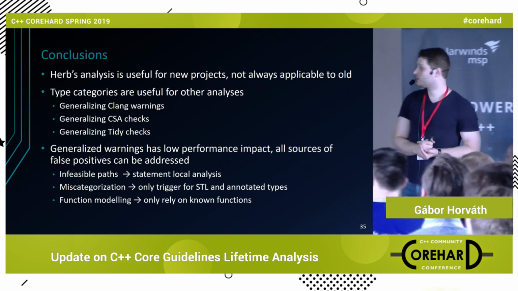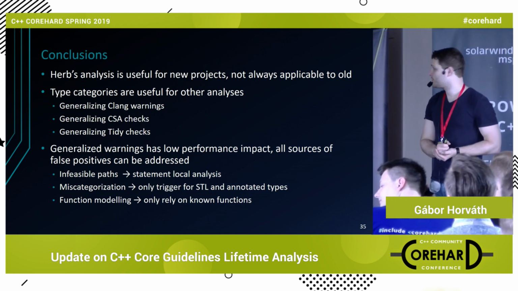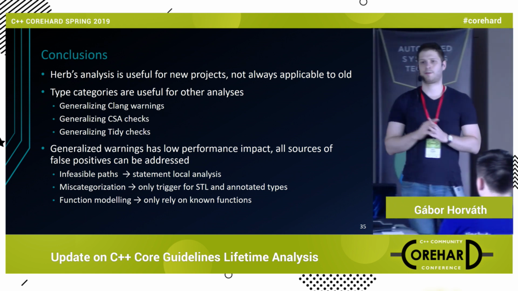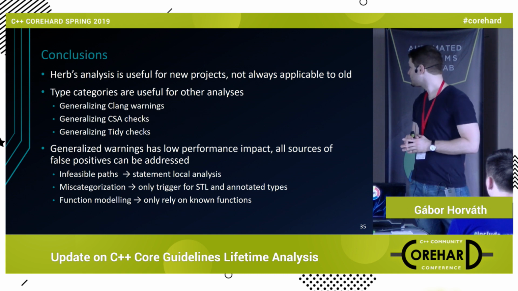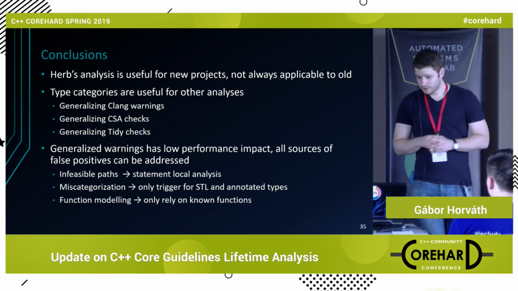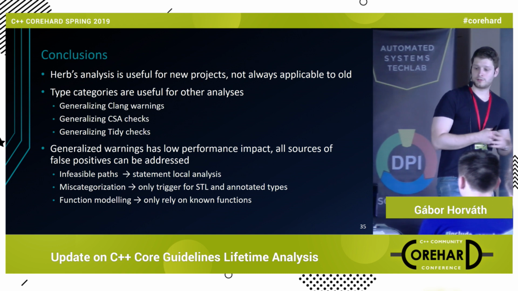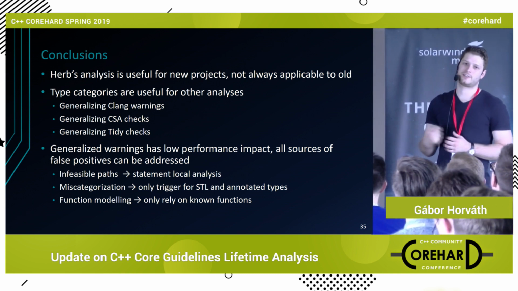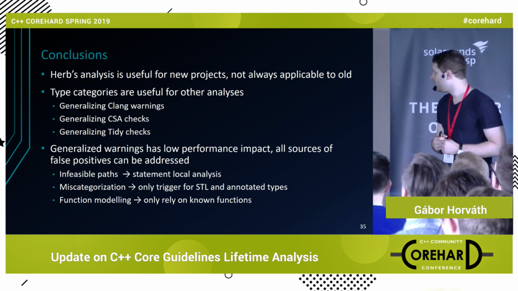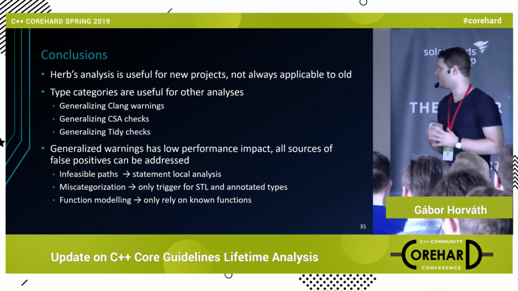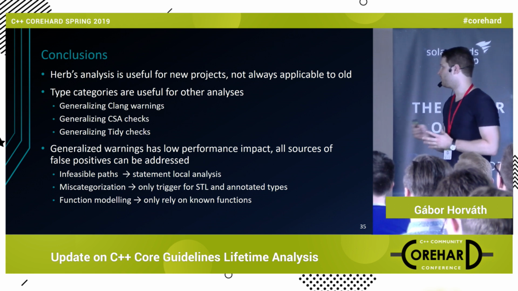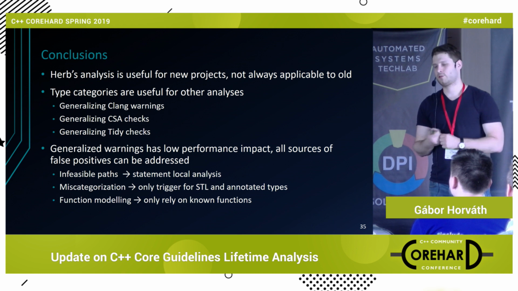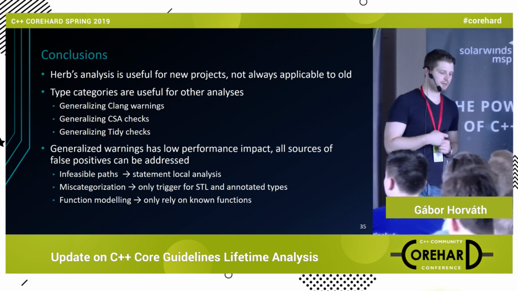Okay, so to conclude the talk, we found that Herb's analysis is very useful, it is wonderful, but it is not always applicable to all projects. And type categories are great and useful to extend existing analysis, and generalized warnings have a very low performance impact because we had ways to counteract all the sources of false positives.